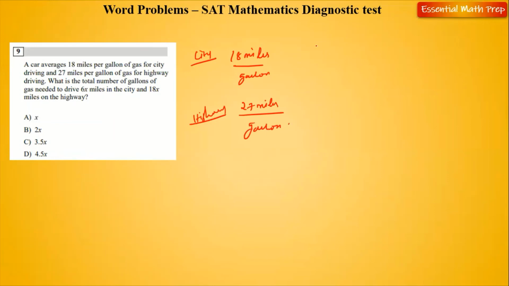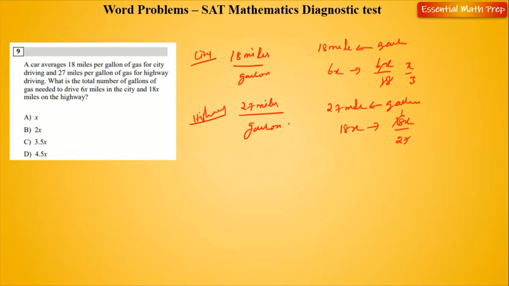So for 6x miles, 18 miles is a gallon, right? So 6x miles would be 6x over 18, which is x over 3. Similarly, 27 miles to a gallon means 18x miles would be 18x over 27.